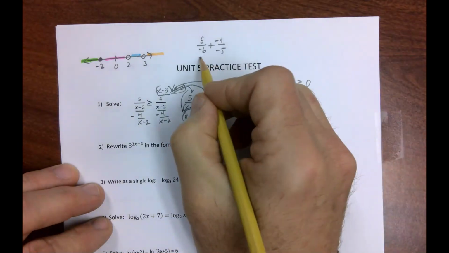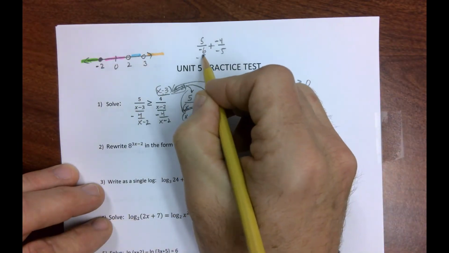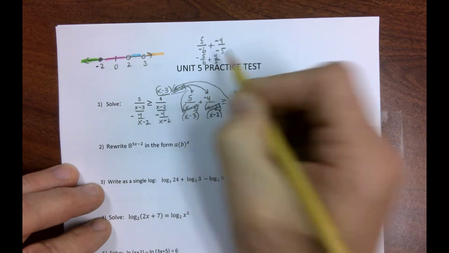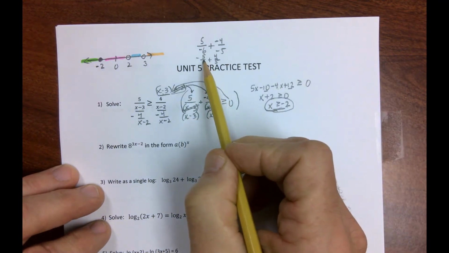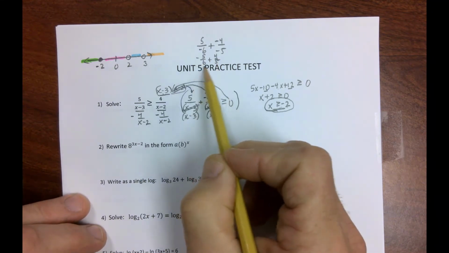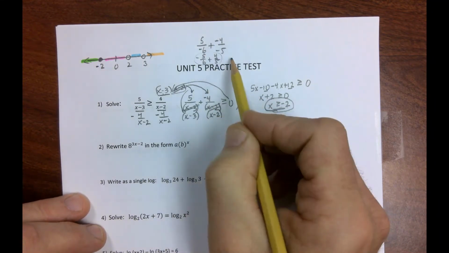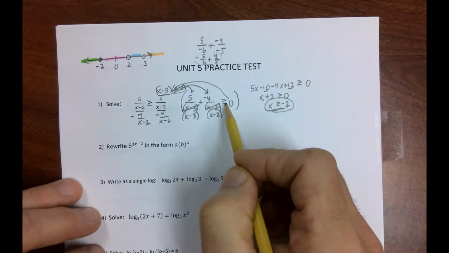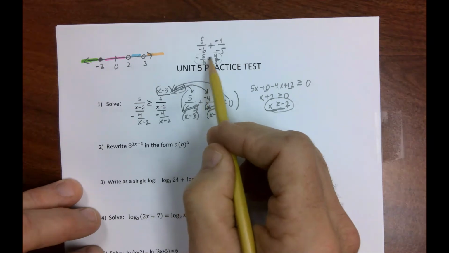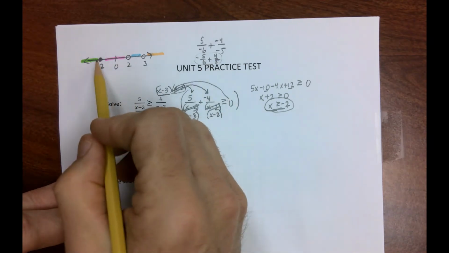So that's negative 5/6 plus 4/5. Now, 5/6 is like 0.83. This is 0.8. So I know this is more negatives than positives, so it is not greater than or equal to 0. You could also find common denominators, but regardless, there's more negatives than positives, so this is a fail.